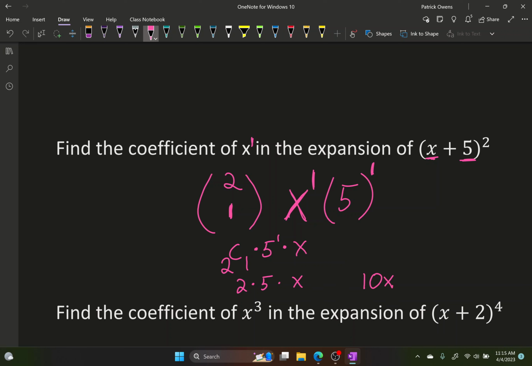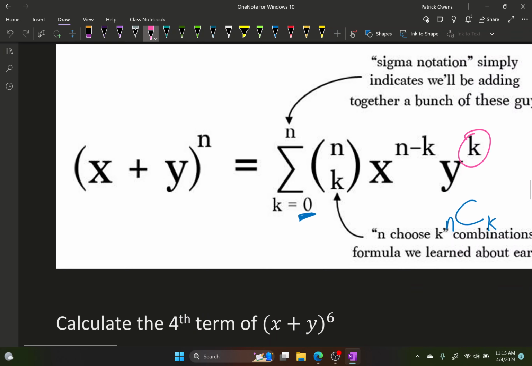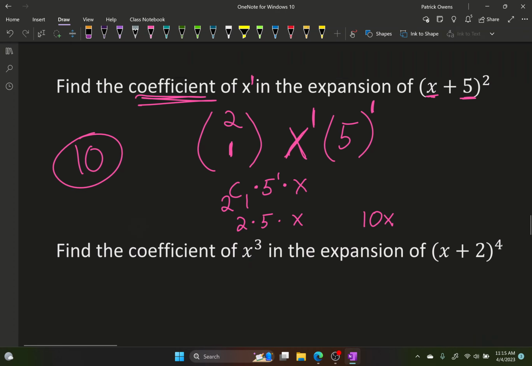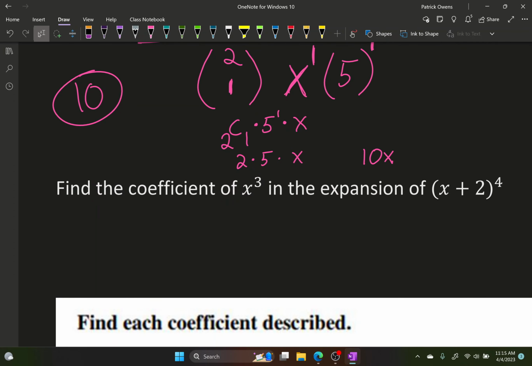So that entire term would be 10x, but we are looking for the coefficient, so it would just be 10. You always want to set up the binomial theorem with the combination first, and then write out each term, and then, depending on what you're being asked, determine the exponent from there. So let's take a look at another one.